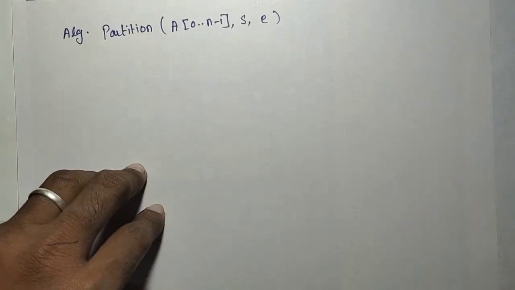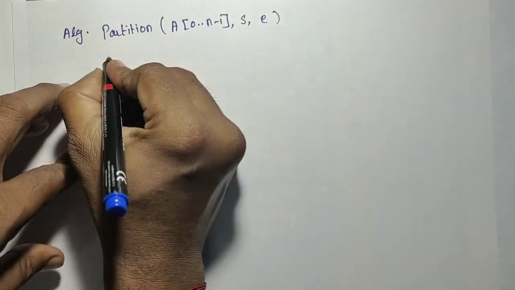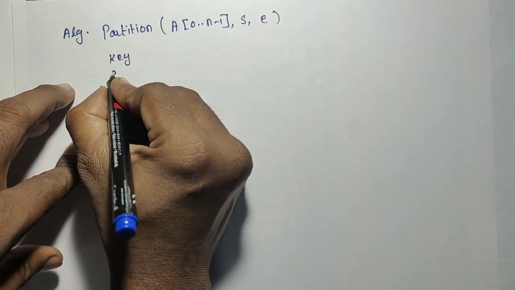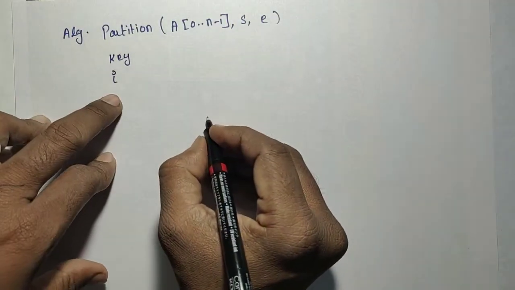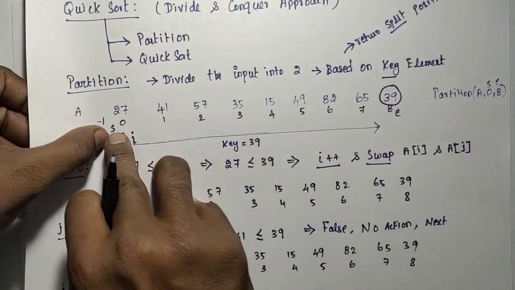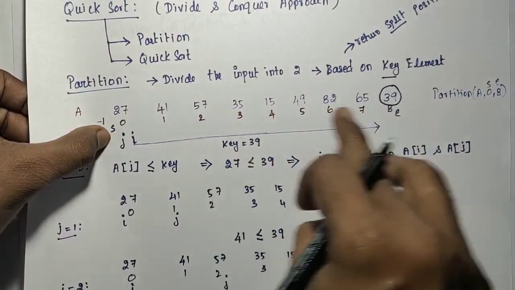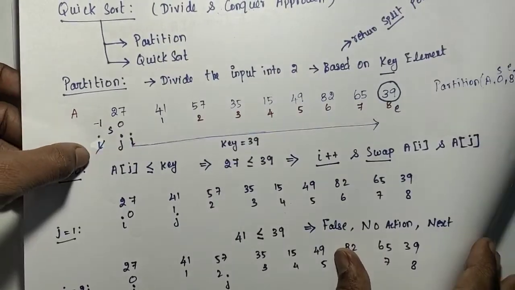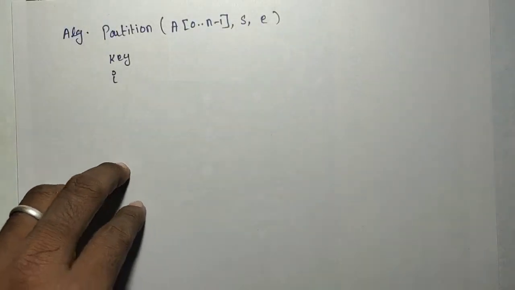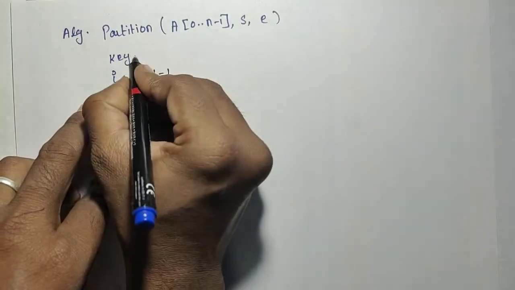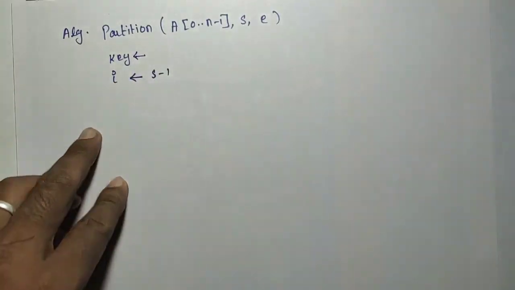Three variables we need to use: one is key, another one is i, another one is j. j is going to be incremented from S to E, so we can put the j in the loop. i has to be initialized with S minus 1, starting minus 1.